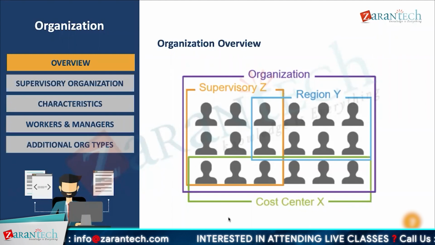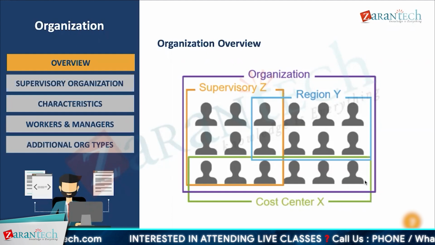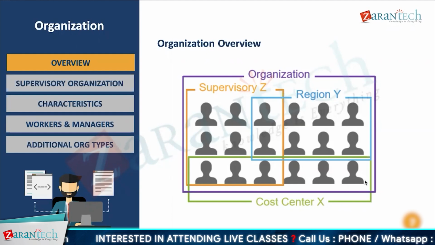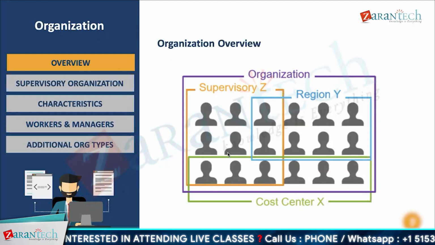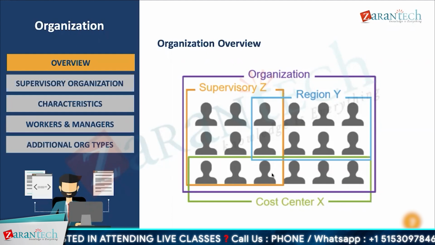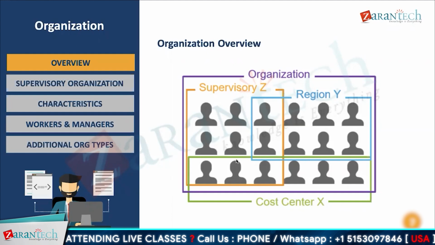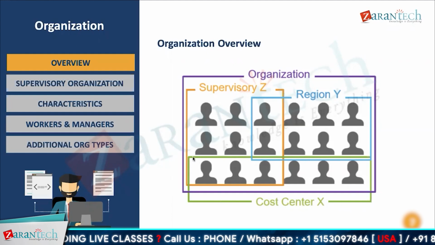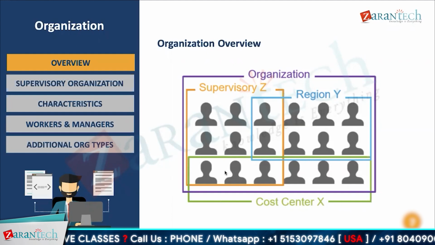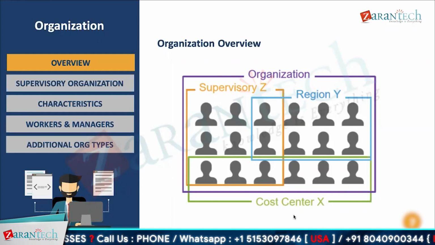Let's say there are different cost centers. For example, there are people from the R&D department. There might be some people from the customer service department. So let's take an example, cost center customer service. These 6 people are from the customer service cost center.